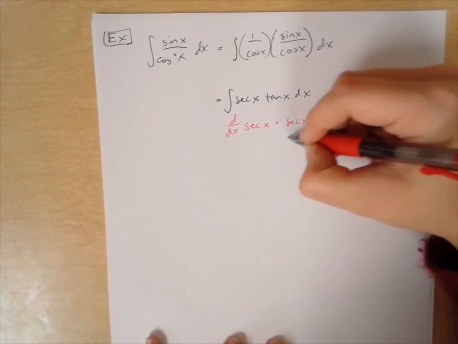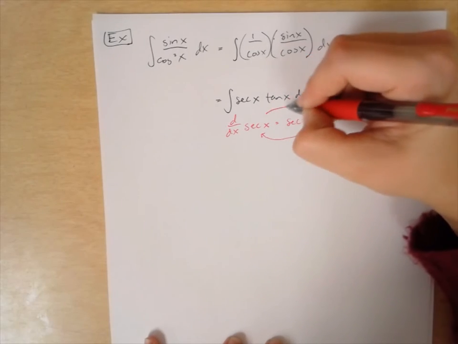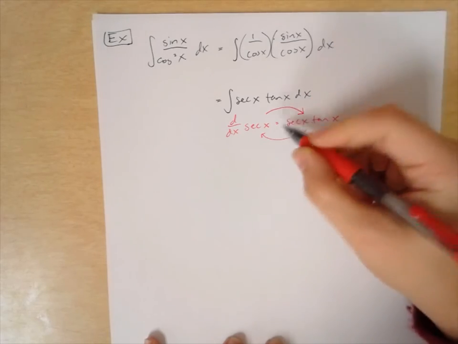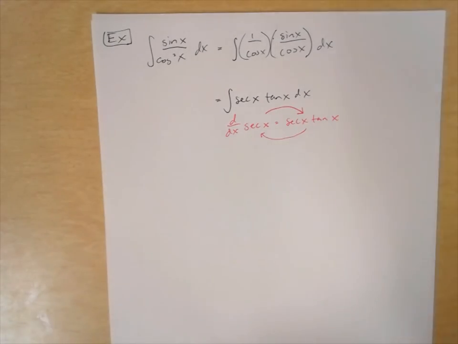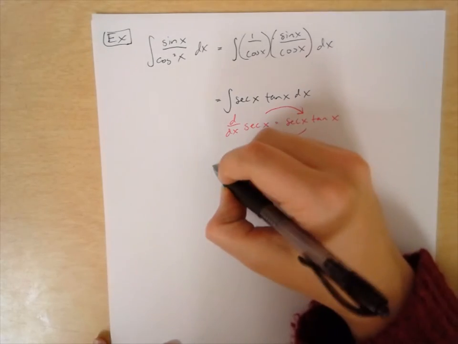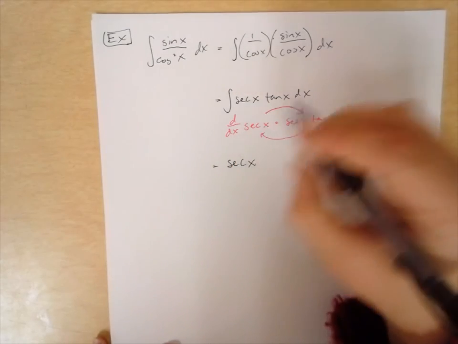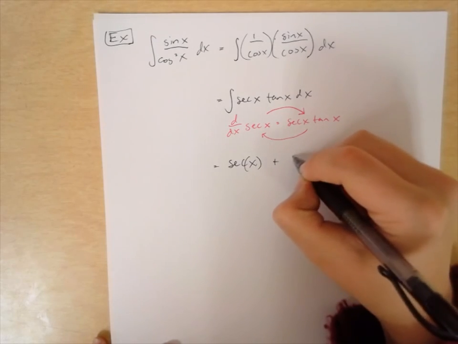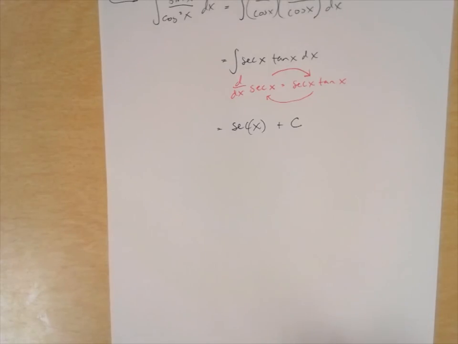If we have that as our result, we know we must have started with secant x. So when I take the antiderivative of this piece, I know I'm just going to have secant x and always plus c. Okay.